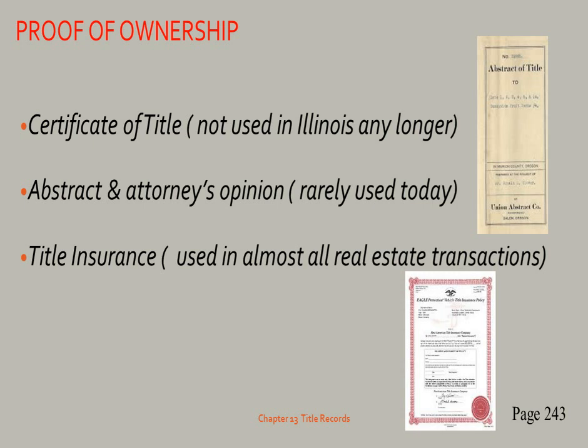Typically, we don't use certificates of title in Illinois. Typically, we don't use abstracts and attorney's opinion. Typically, what the seller is obligated to give to the buyer is a title insurance policy, the title insurance company having investigated the public records and assuring the buyer that title is reasonably free of clouds and defects, and he may proceed with the sale. So typically, the seller is going to give the buyer a title insurance policy.